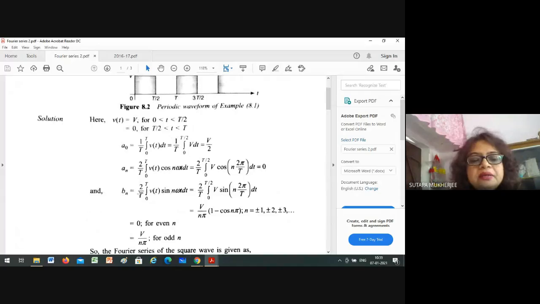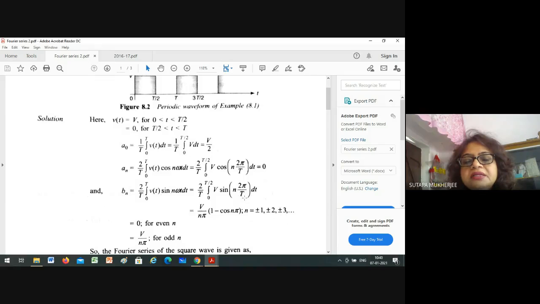Now what is bn? So what is the formula of bn? Already you know the sine n omega t term is attached to determine the value of bn: 2 by T, integral 0 to T, v(t) sine n omega t dt. If you put the value and do the integration and put the limit 0 to T by 2, in the same way, because from T by 2 to T there is no value of the function, that is 0.